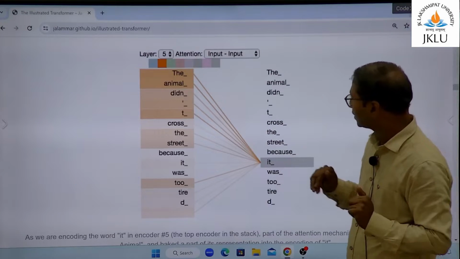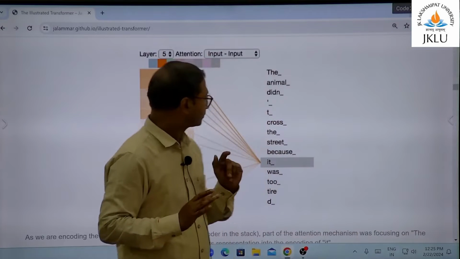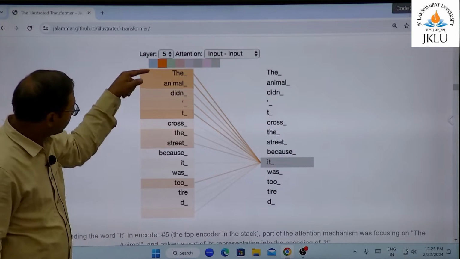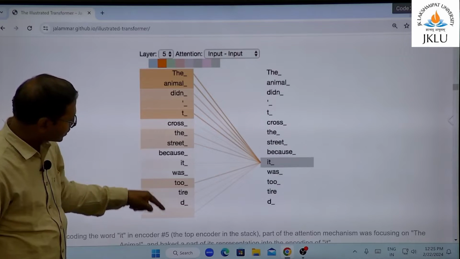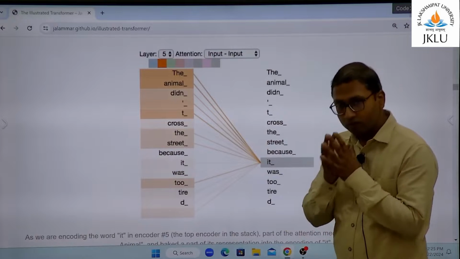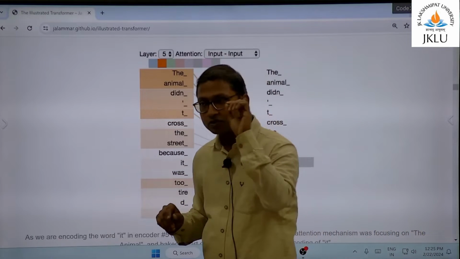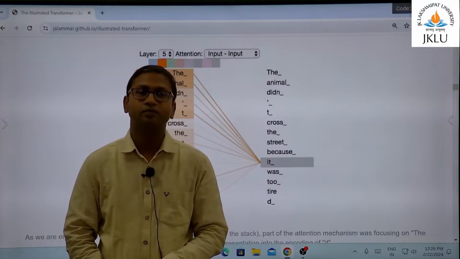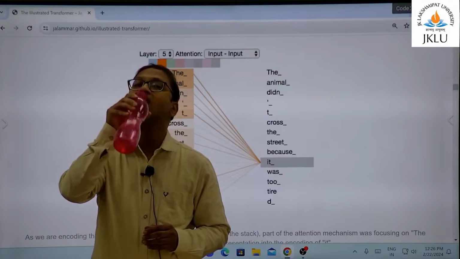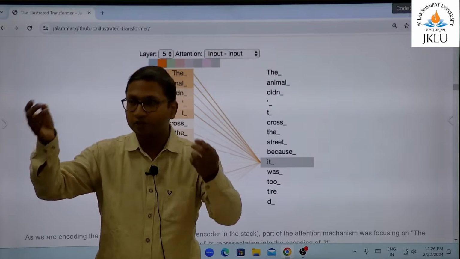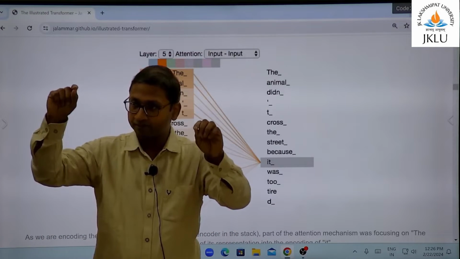He wrote it. So this is what here. The animal didn't cross the street because it was too tired. Okay. Now tell me, if you were learning this through Word2Vec, what will be the word embeddings of it? Whatever it were, but it will always be fixed.